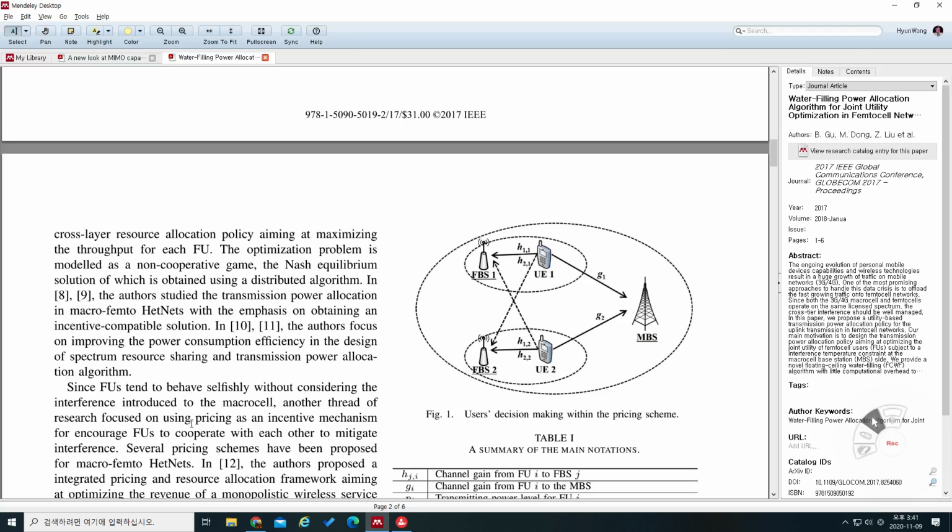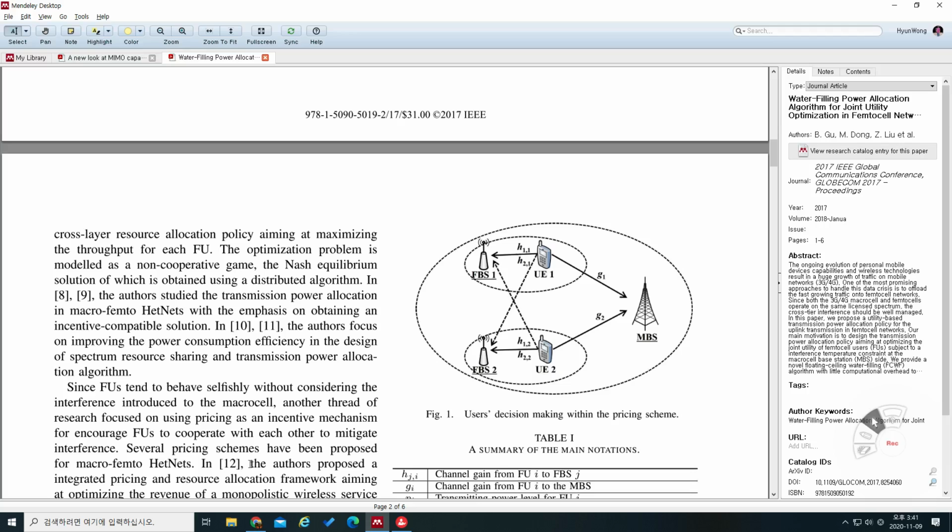Since FEUs tend to behave selfishly without considering the interference introduced to the macrocell, another thread of research focused on using pricing as an incentive mechanism for encouraging FEUs to cooperate with each other to mitigate interference. Several pricing schemes have been proposed for macro-femto networks.